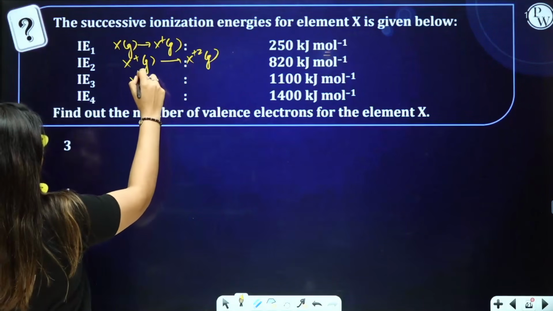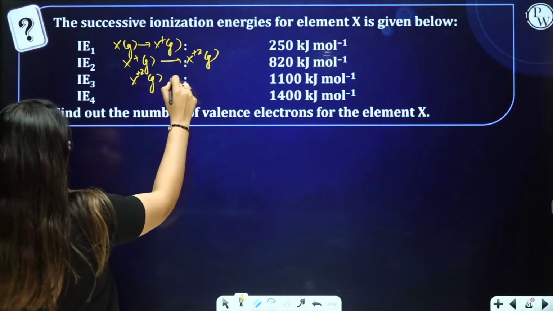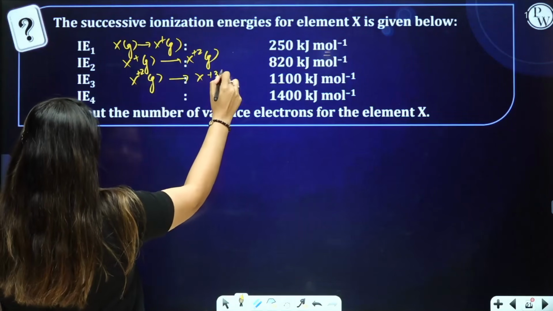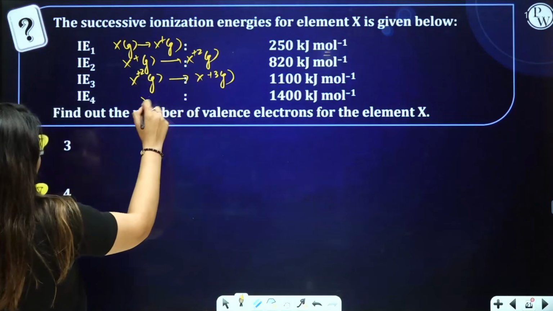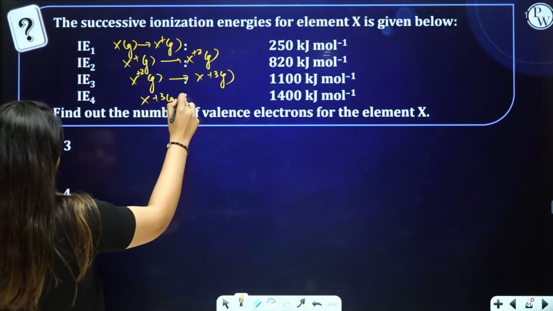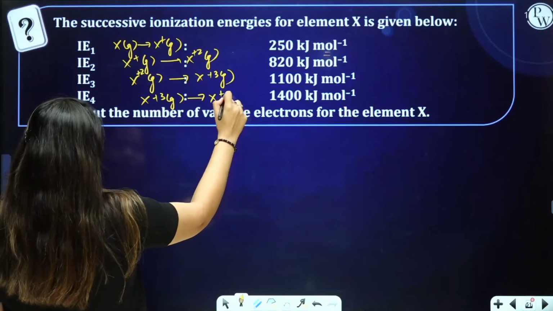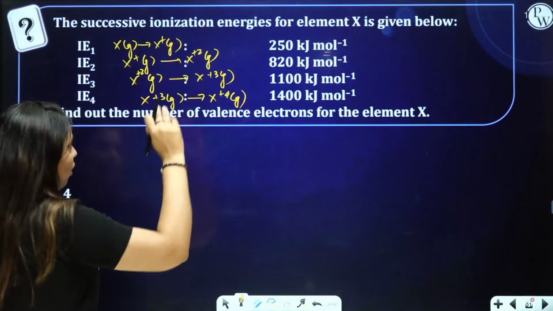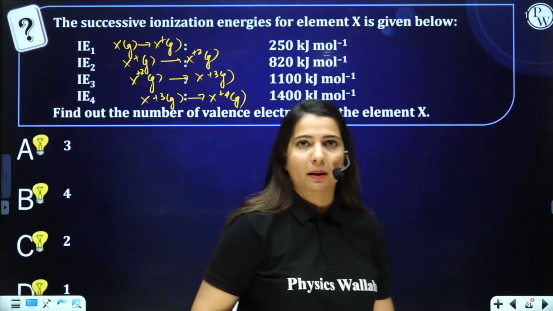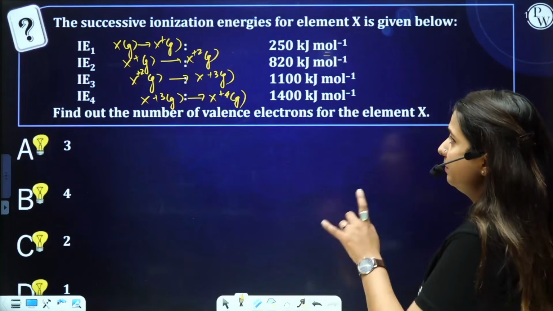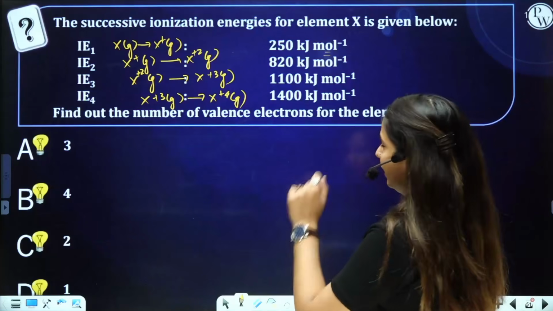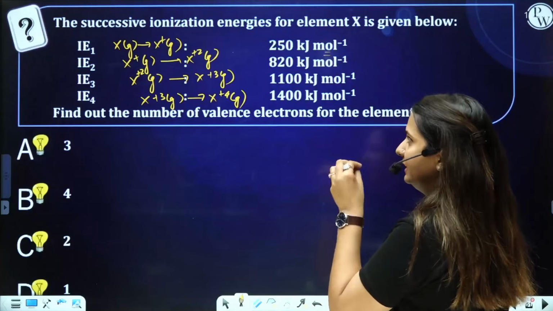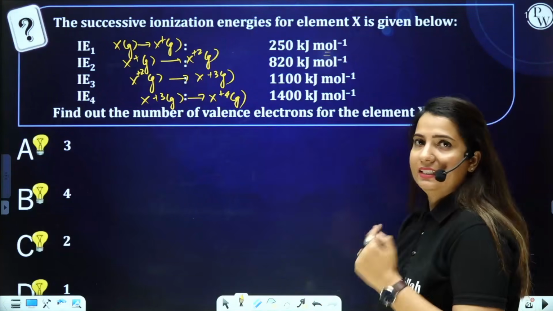Then X plus 2 is converted into X plus 3 gaseous, and X plus 3 is converted into X plus 4 gaseous. So these all processes are happening in this case. 1, 2, 3 and 4. And for all the processes, the amount of energy required is given over here.